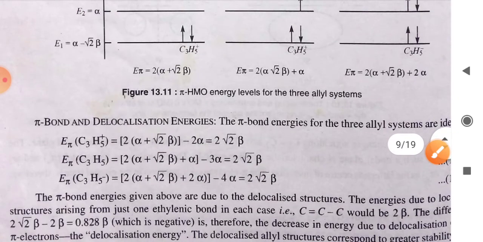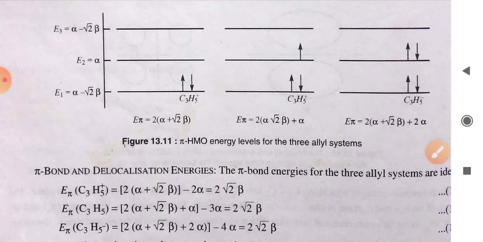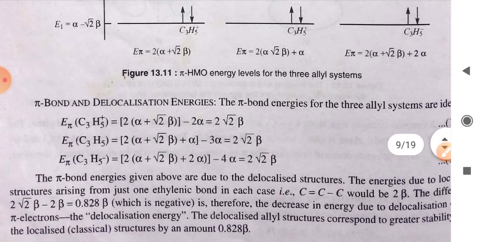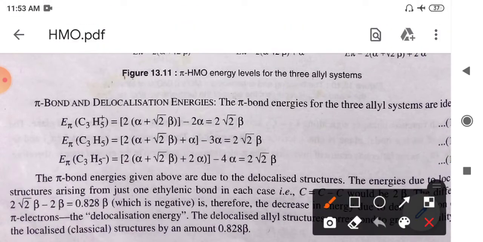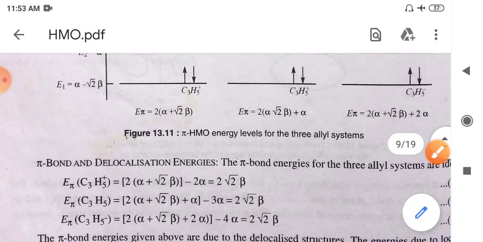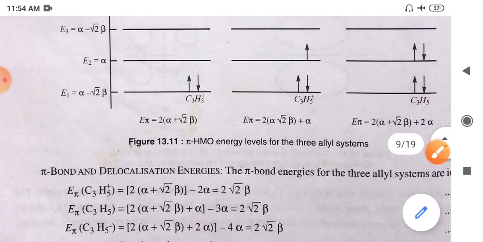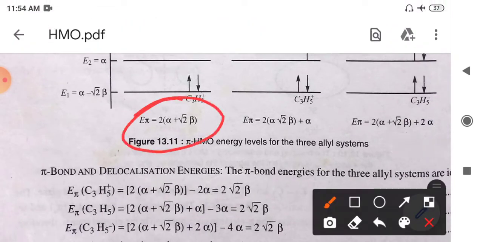Non-bonding energy orbital. The next step is to find the pi orbital energy, or the pi electron energy, the pi bond energy. So how will you find that pi bond energy? The pi bond energy is the total energy minus the energy of a free electron if it is present in the p orbital of a carbon atom.